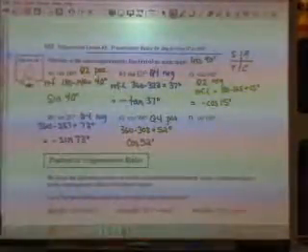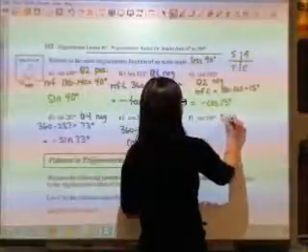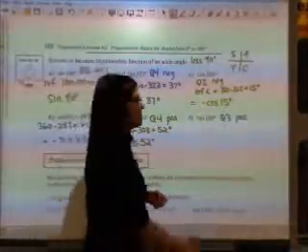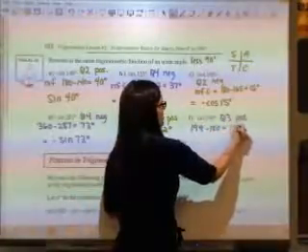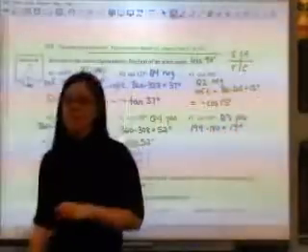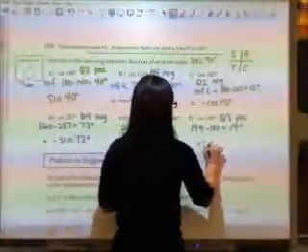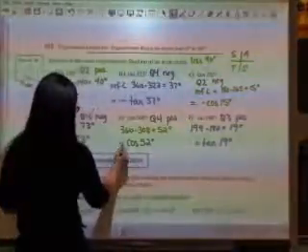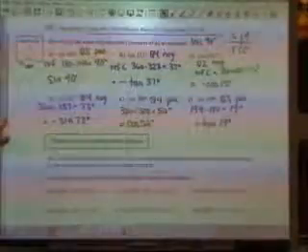What quadrant am I in? 3. And what is tan in quadrant 3? Positive. What's my reference angle? 199 minus 180, which equals 19. So tan 199 degrees would equal tan 19.